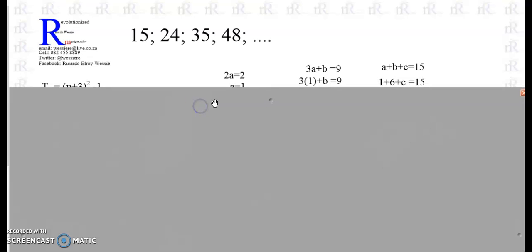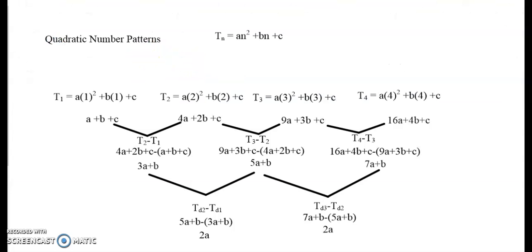So I look at my information. If I get the difference between term 1 and term 2, 24 minus 15 gives me 9. So 3a plus b, the value that we had over here, is equal to 9.